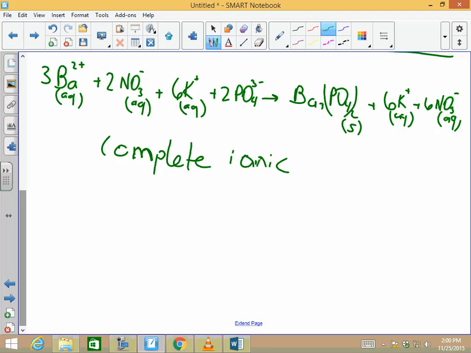Okay. What's going to happen, I will give you the net ionic. And the net ionic only uses whatever was used in the production of what's different. If you notice, here I have aqueous, aqueous, aqueous, and I should have written aqueous here also on PO4. AQ goes there. Okay, my different compound is this.